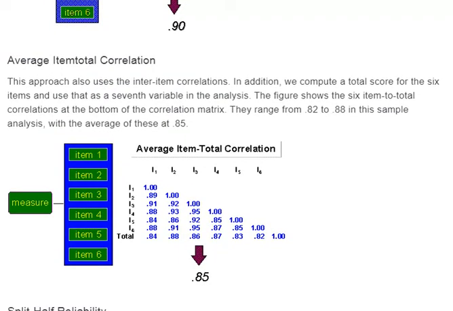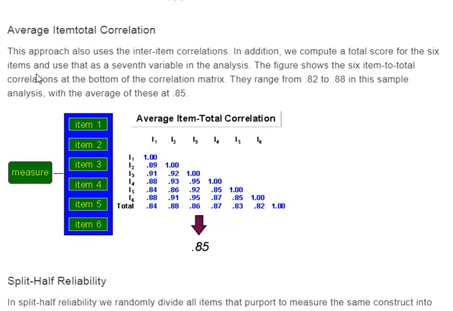Average item total correlation. This approach also uses inter-item correlation. In addition, we compute a total score for the 6 items, and we use that as a 7th variable in the analysis. The figure shows the 6 item-to-total correlations at the bottom of the correlation matrix.